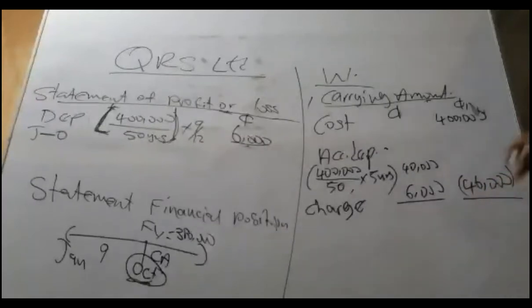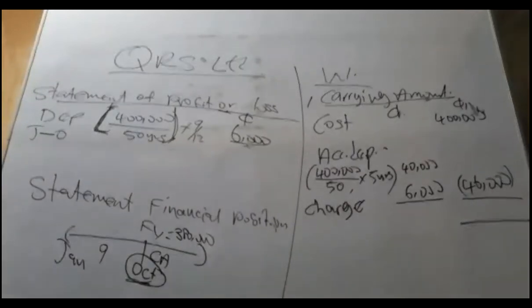Good. Now let's get the carrying amount. Then I'll use several alternatives to get the carrying amount for you. You select one. Exams, you need to be fast. Yes. You need to be fast and get the items for us.